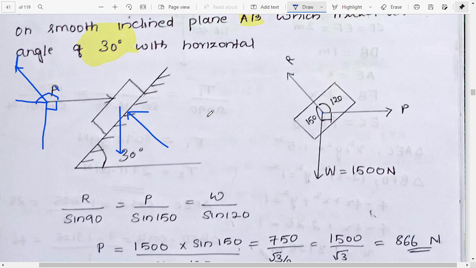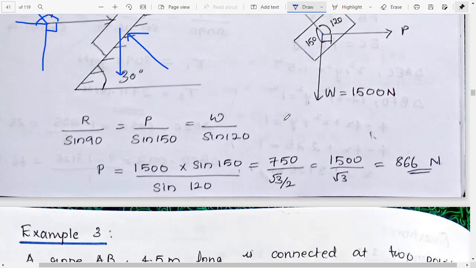From that you will get P by sine 150 is equal to W by sine 120 is equal to R by sine 90, and if you solve this, we'll get P is equal to 866 Newton.